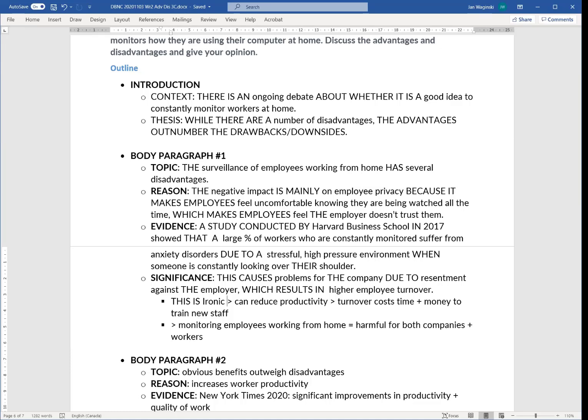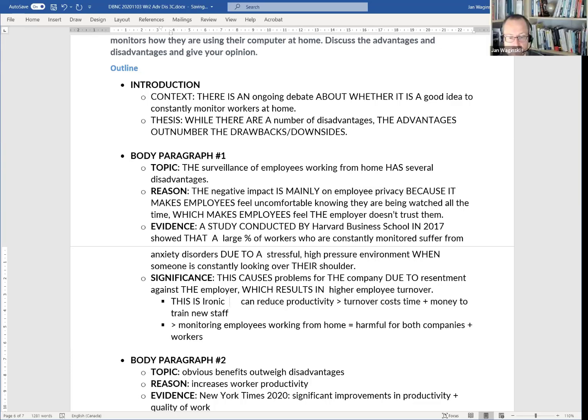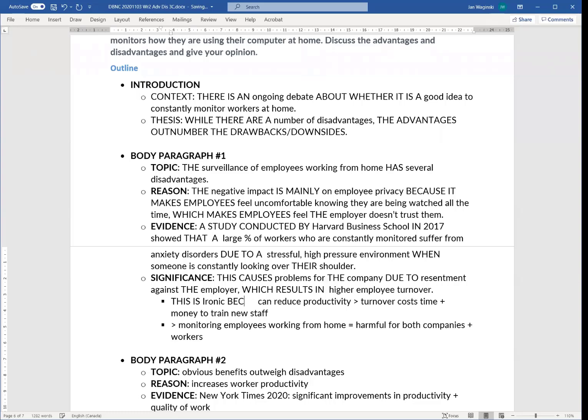This is ironic. You don't need to say issue. This is ironic. Why? This is ironic because it can reduce productivity.